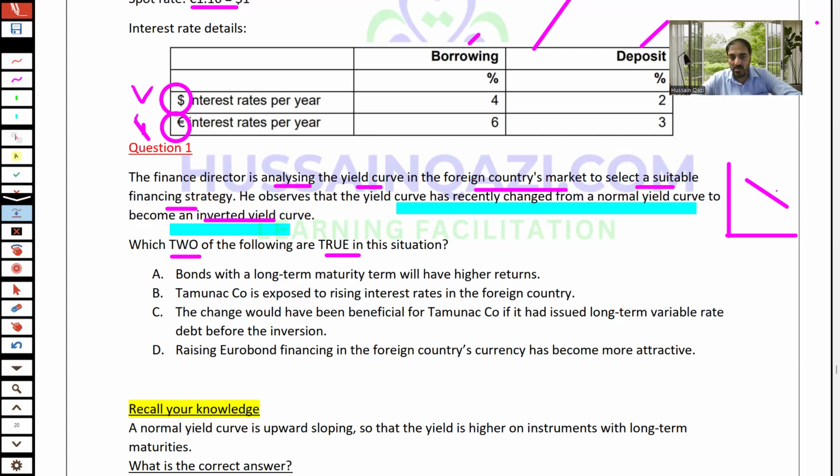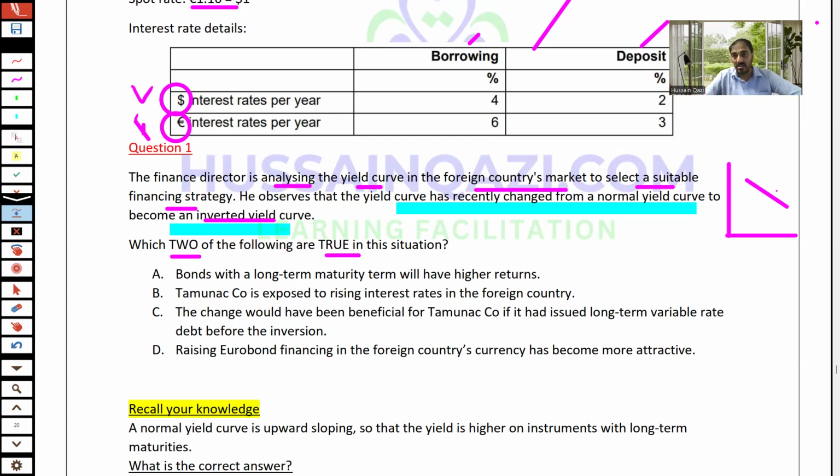A. Bonds with long-term maturity will have higher return. B. Temunic company is exposed to rising interest rates in a foreign country. C. The change would have been beneficial for Temunic company if it had issued long-term variable borrowings before the inversion.